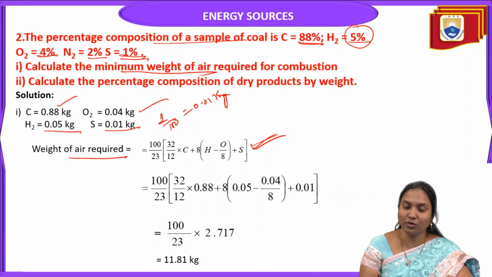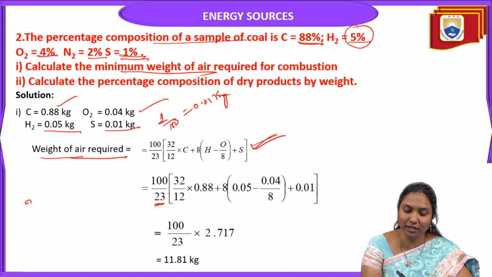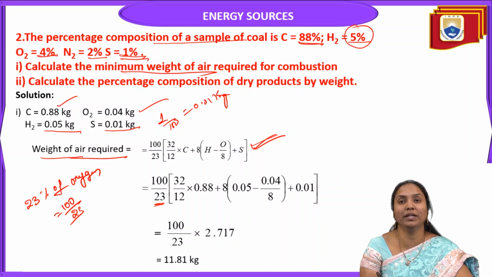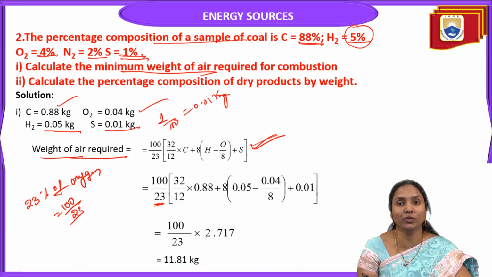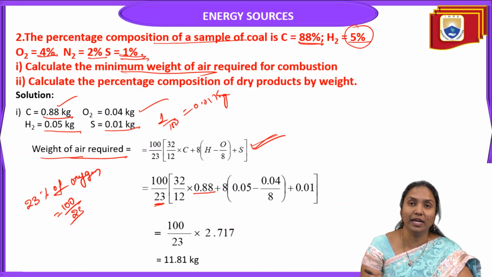Here 23 means we are taking weights, since air generally contains 23% of oxygen by weight, so we write 100 by 23. Clear? So it's 100 by 23 into 32 by 12 into, what is the carbon weight here? 0.88.